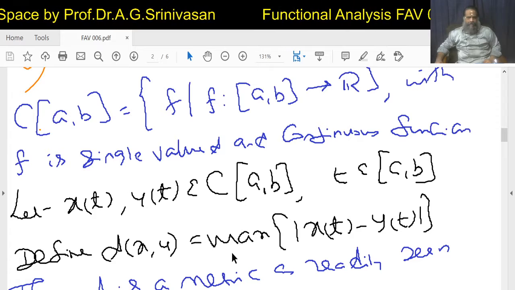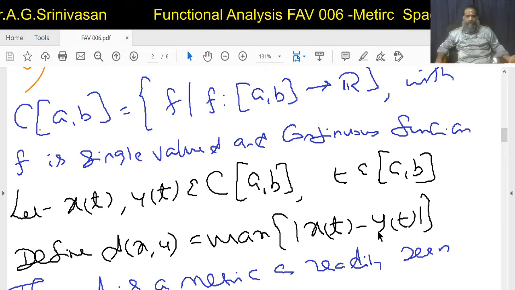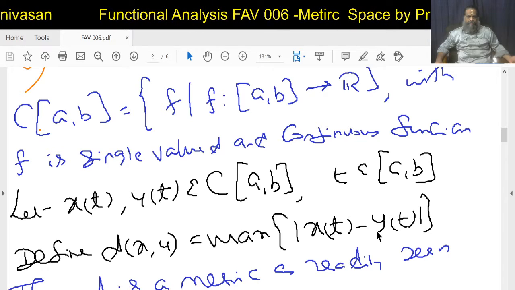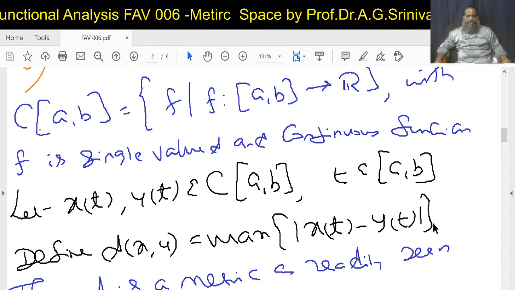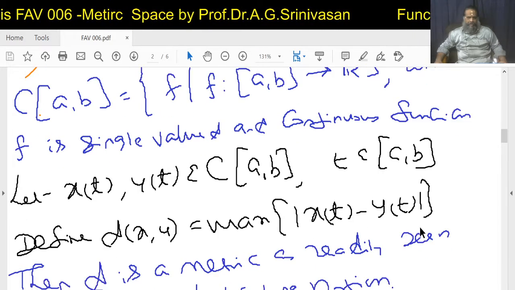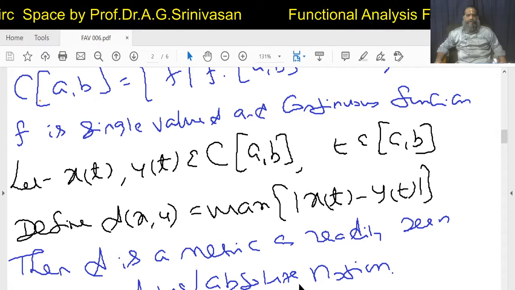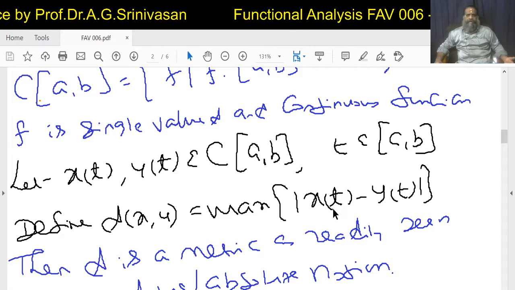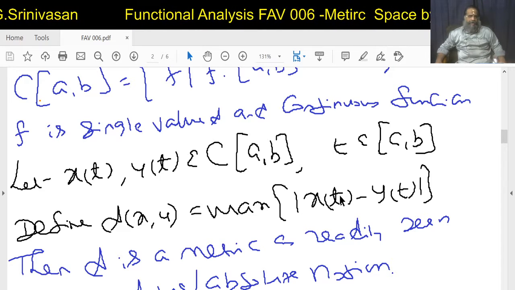Again, the maximum is one such element. The modulus |x(t) - y(t)|, as we already saw by basic mathematics, is certainly a metric. So d is a metric, as readily seen using the absolute value, and the continuity is preserved even in the triangle inequality.